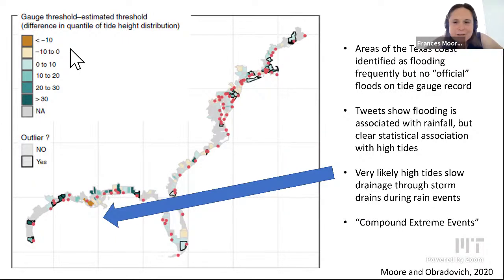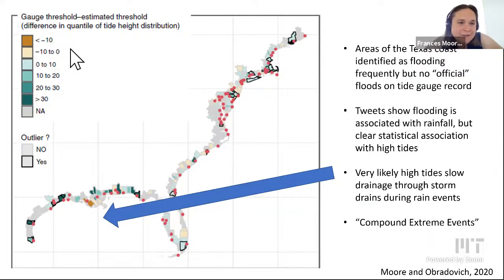So what's almost certainly going on here is that the very high tides are slowing drainage through the storm drainage infrastructure, and you're getting this interaction effect where the flooding is being driven by the combination of heavy rainfall and high tide. What's interesting about this is that both those things are expected to increase with climate change, right? We're going to get higher tides and more intense rainfall events.